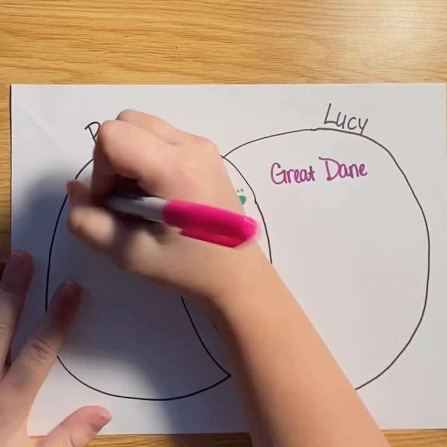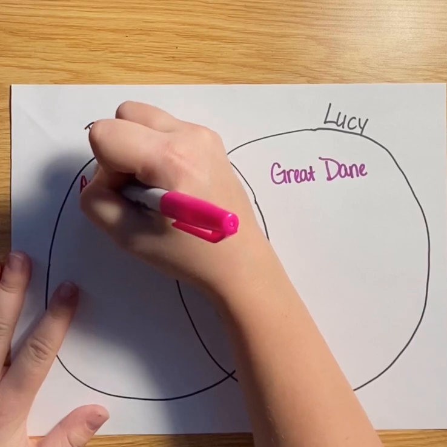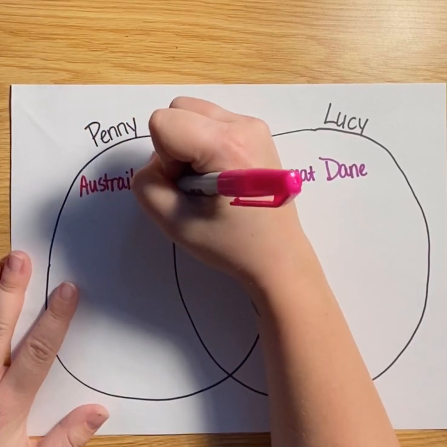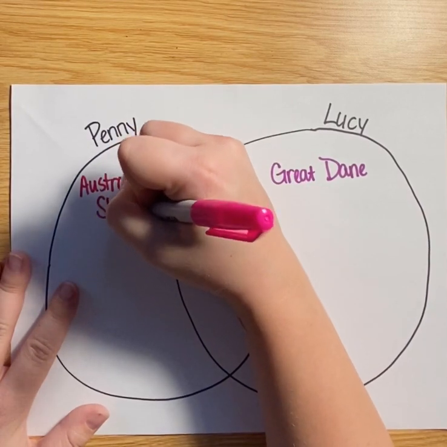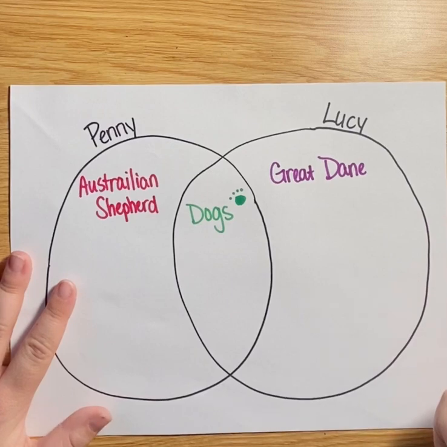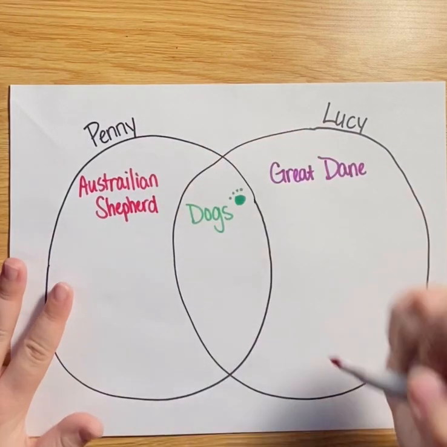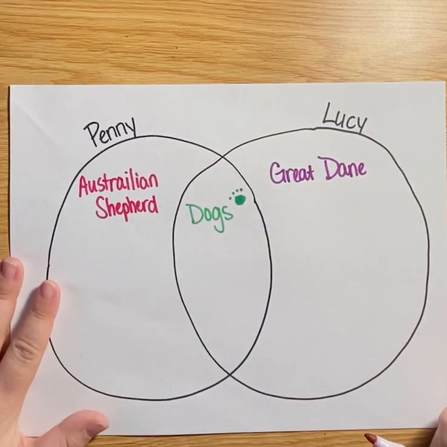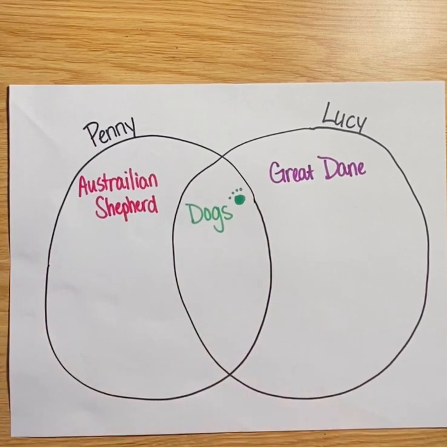Penny, I believe she's an Australian Shepherd. Hold on, I gotta spell it right. There we go. Australian Shepherd. I believe that's how you spell the dog breed. We rescued her, so we're not completely sure, but I'm pretty sure that's what she is. Okay? Lucy is not that type of dog. So we're putting it just on Penny's side.